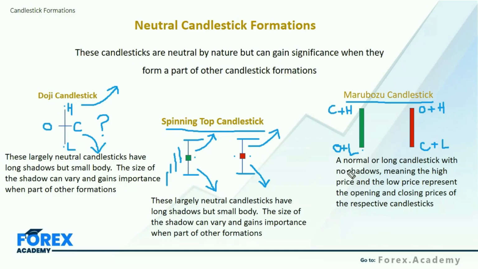So a normal or long candlestick with no shadow, meaning the high price and the low price represent the opening and closing prices of the respective Japanese candlesticks. So that's just an explanation of what we're seeing. We're just seeing an accumulation of prices stacking up.